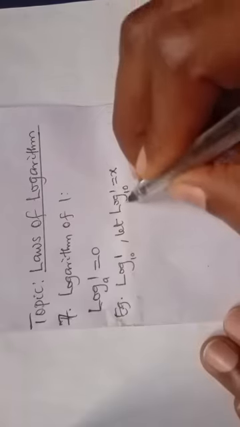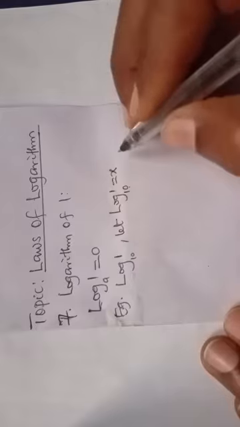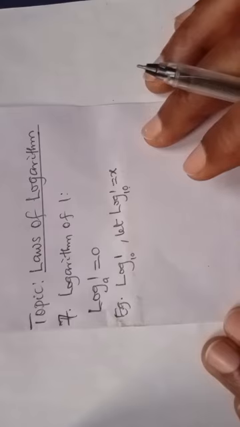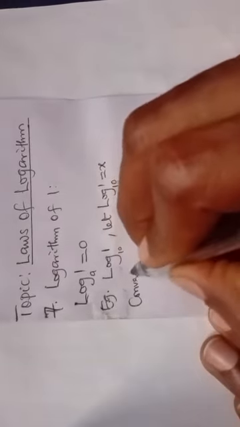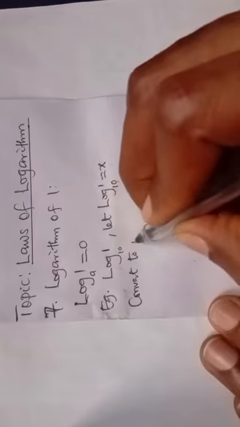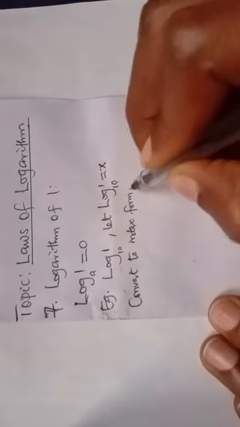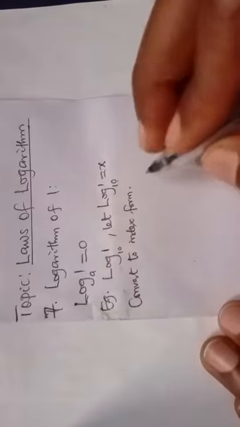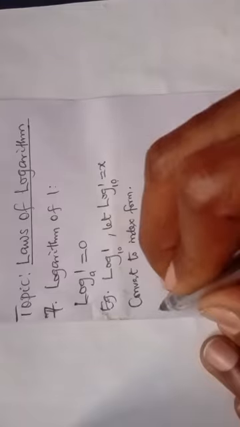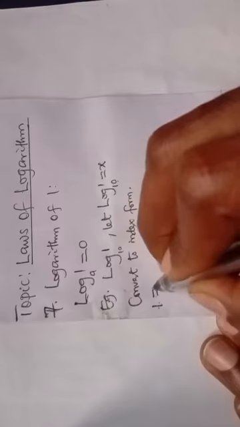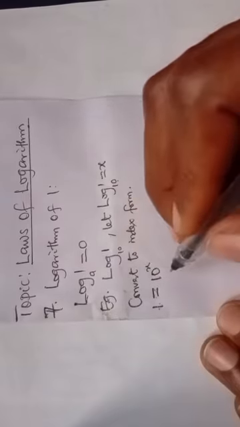At this point, the next thing to do is to convert to index form. How do we do it? We are going to have that 1 is equal to 10 to the power x.